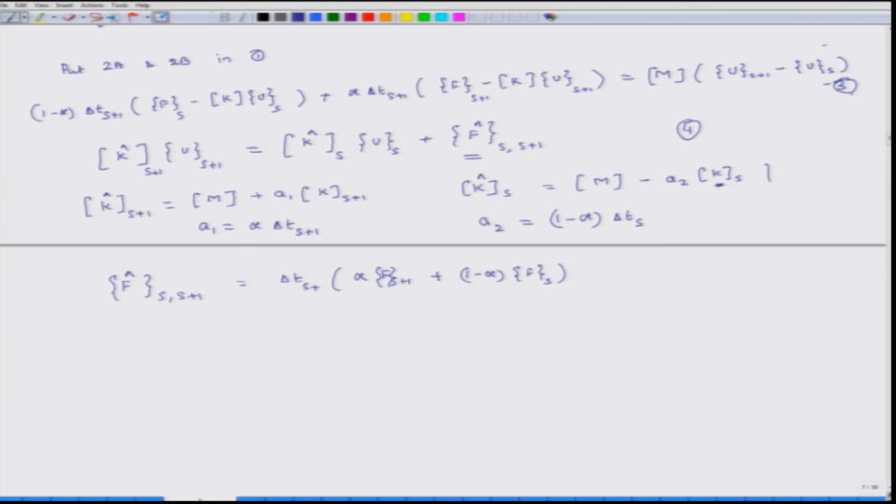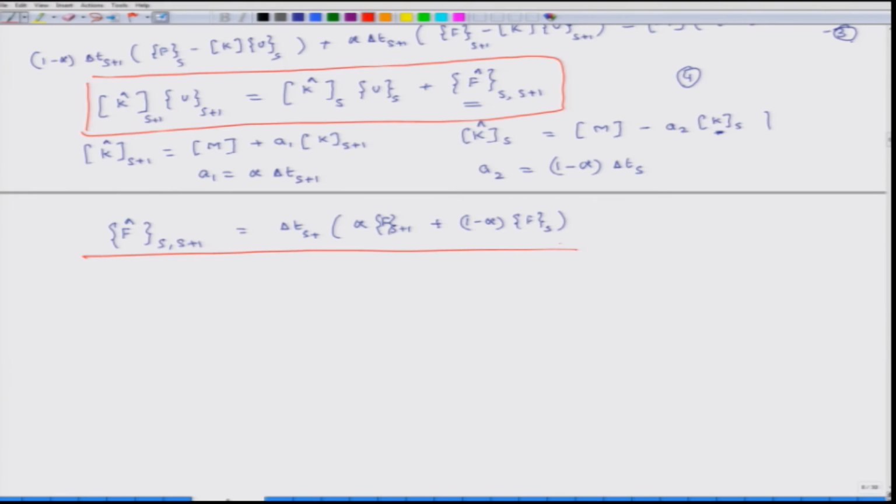So, once we have developed this equation, F hat is delta t corresponding to s plus 1th time step. We know all the time steps, how we are breaking up, so we know that. We know how F is changing with time, so I know F at s plus 1 and F at s. So, I can calculate F hat at s comma s plus 1.